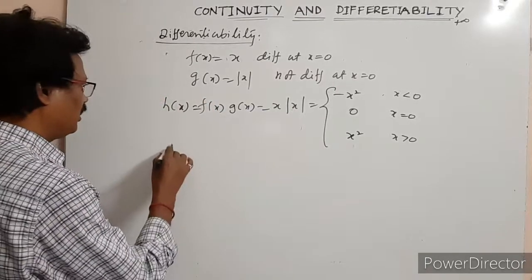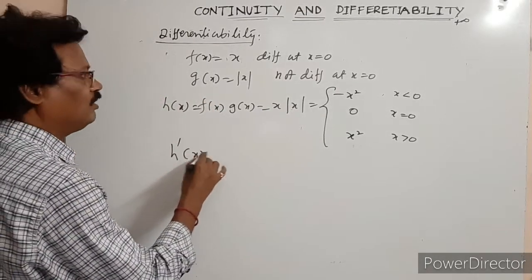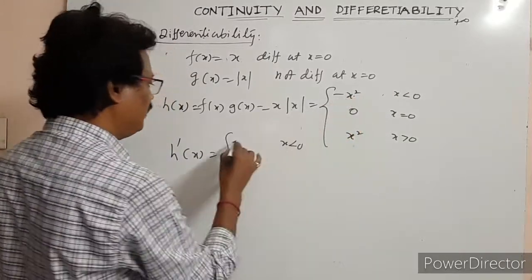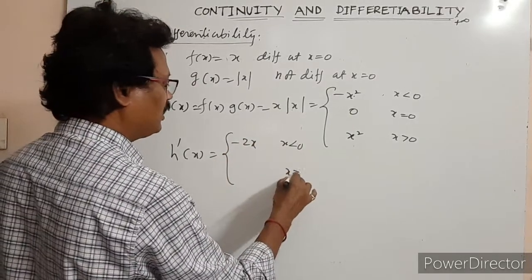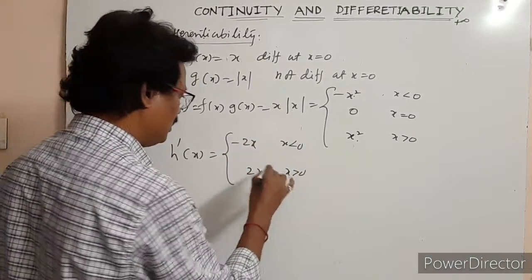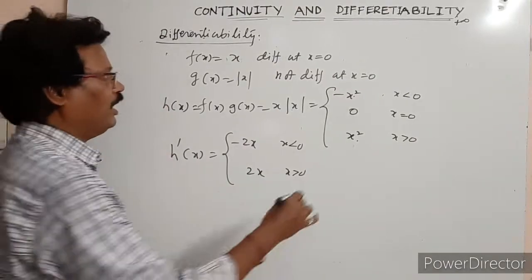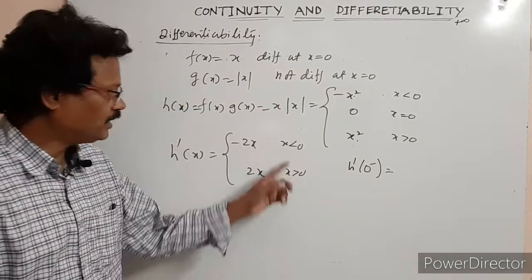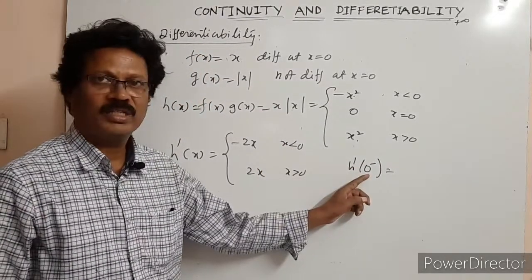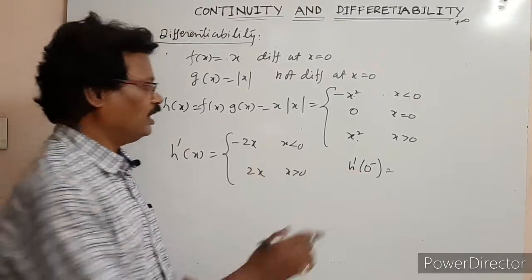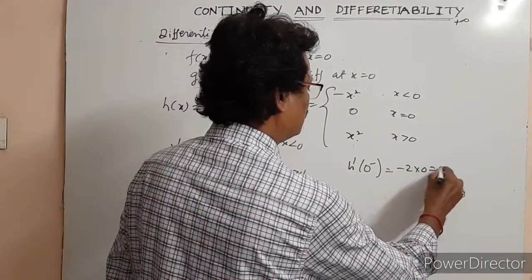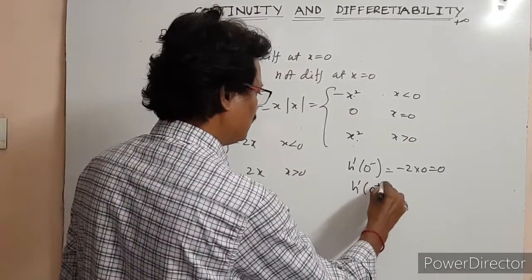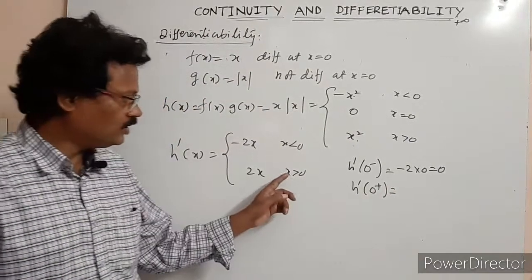Now here h dash x is equal to what? Directly differentiating, for x less than 0, the derivative of minus x square is minus 2x, and for x greater than 0, the derivative is 2x. Now h dash 0 minus means x is just less than 0. Put x equal to 0, that is minus 2 into 0, which is 0. h dash 0 plus means x is just more than 0.